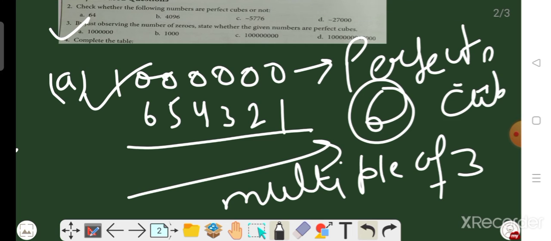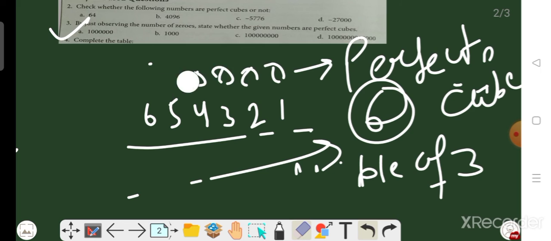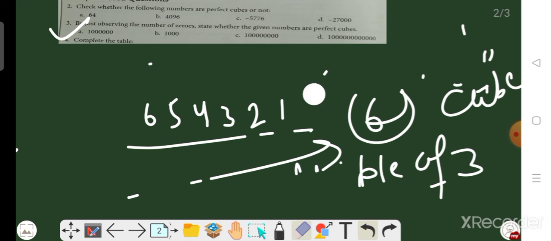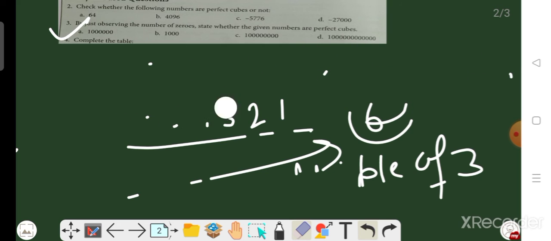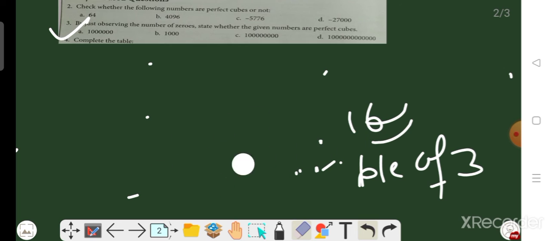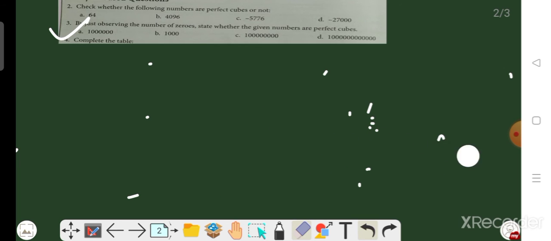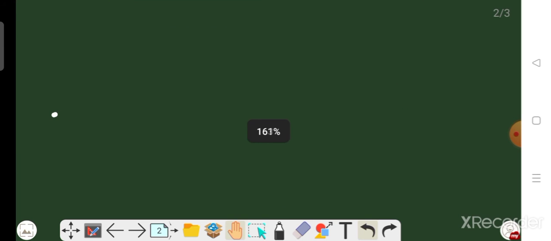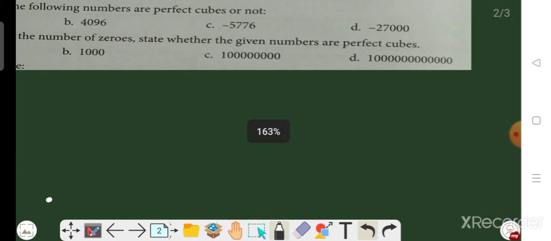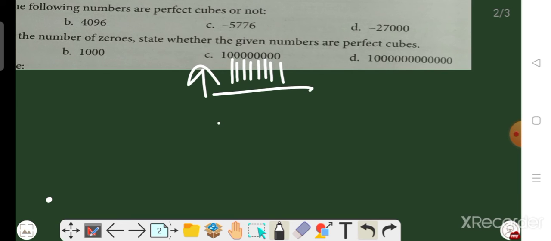Okay. Now let us take one more example. Look at the C part. In the C part beta, count the number of zeros. How many zeros are there? 1, 2, 3, 4, 5, 6, 7, 8. 8 zeros.